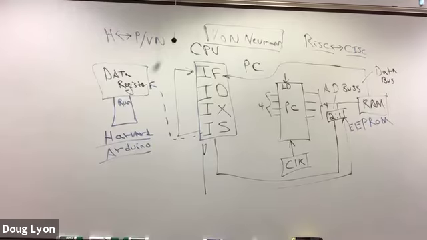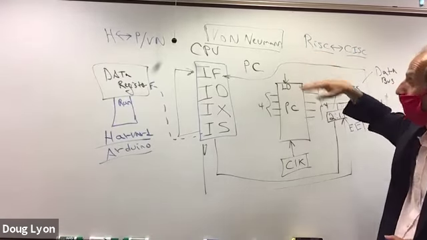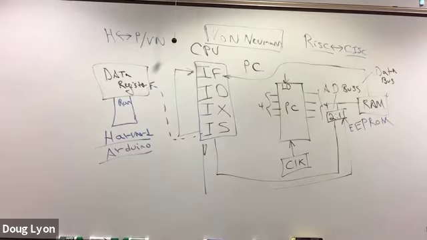So the goal of reducing the instruction set is to reduce the total size of the lookup table needed to find instructions. It's also to make it so that the instructions are so simple, you can execute them in one clock cycle. RISC versus CISC.